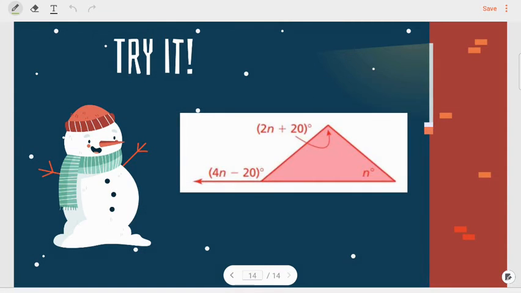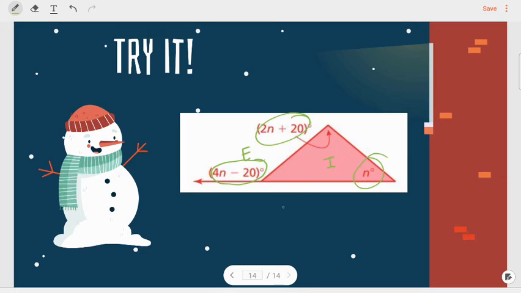So let's go ahead and try one that's a little bit harder. I've got this weird triangle, and I've got this inside of my triangle, and I have the exterior. Now, don't get the two rules mixed up. A lot of people are going to be tempted to add everything I have right here and set it equal to 180.